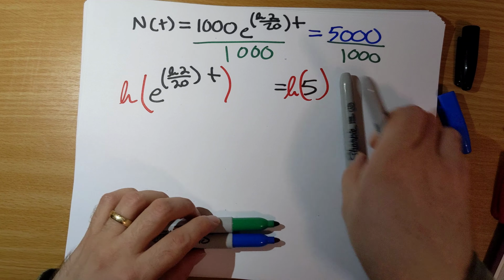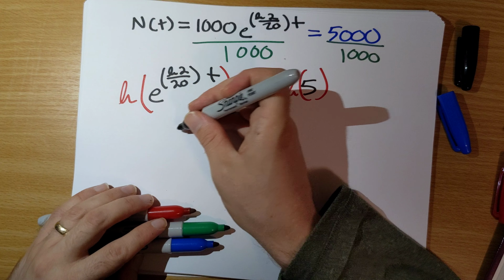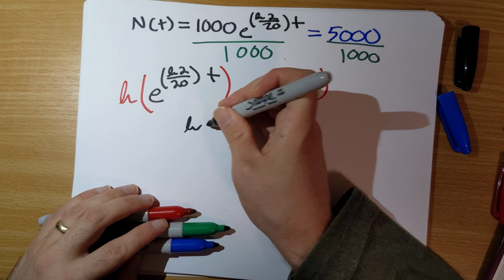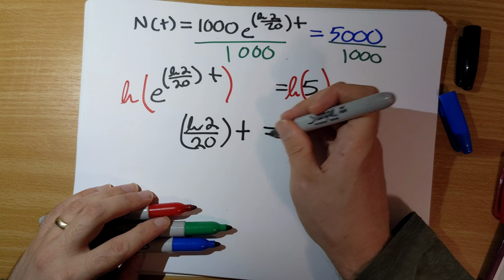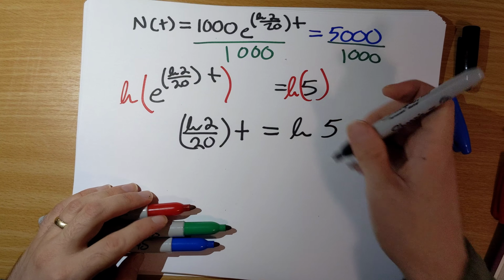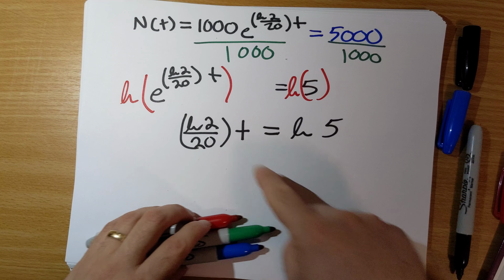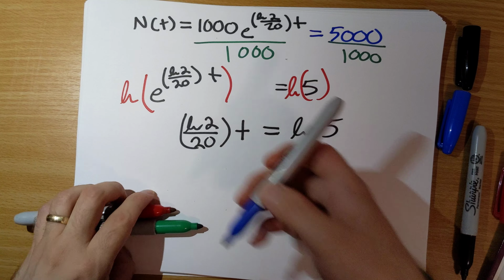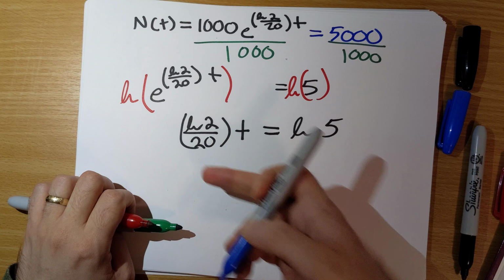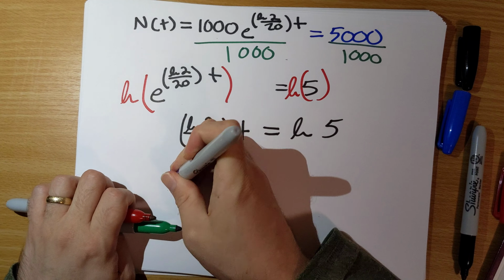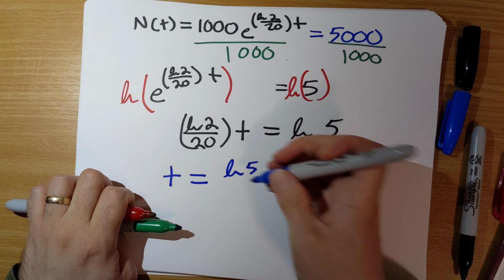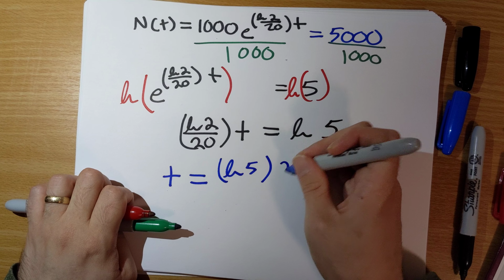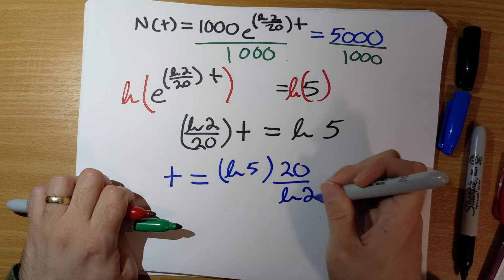On the left, this just becomes natural log of 2 over 20, all of that times t, equal to natural log of 5. To finish off, let us divide by natural log of 2 over 20, and we are left with t is natural log of 5 times 20 over natural log of 2.